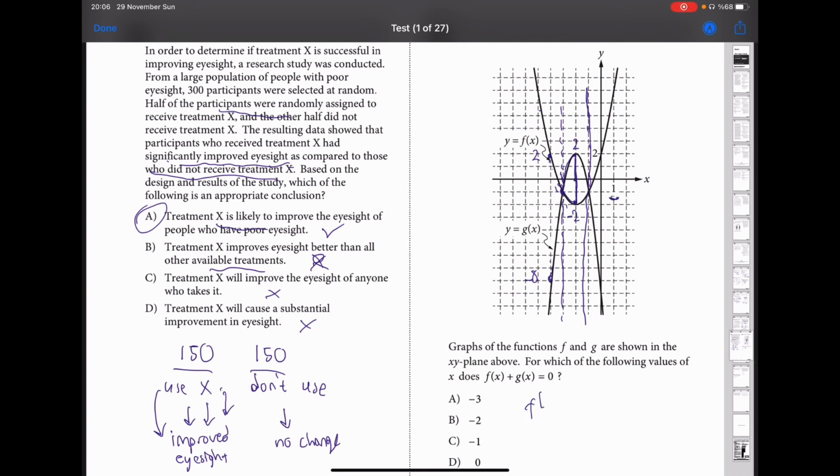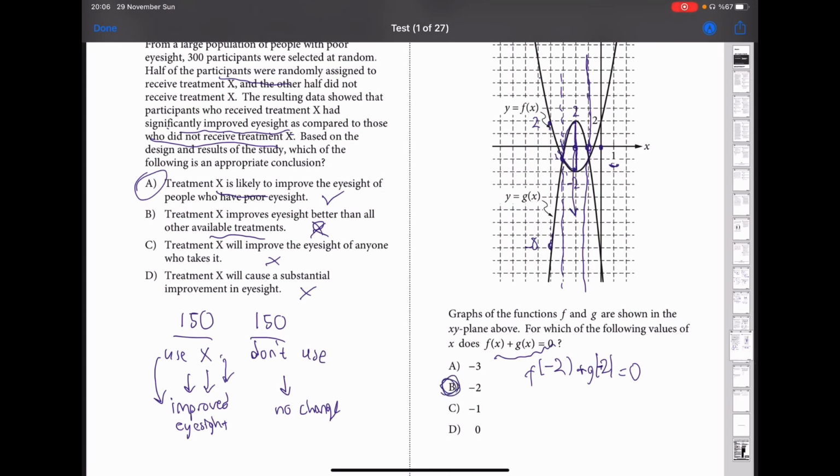This is 1, so this is 0, minus 1, minus 2. X is minus 2 here. So f of minus 2 plus g of minus 2 is equal to 0, right? This is what the question asks from me. So the answer is minus 2.